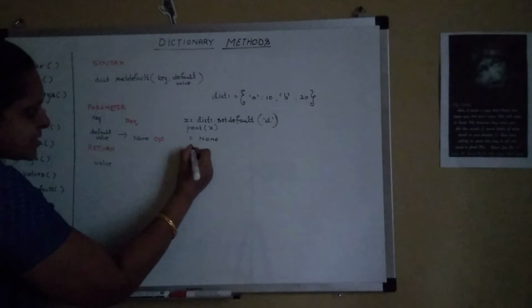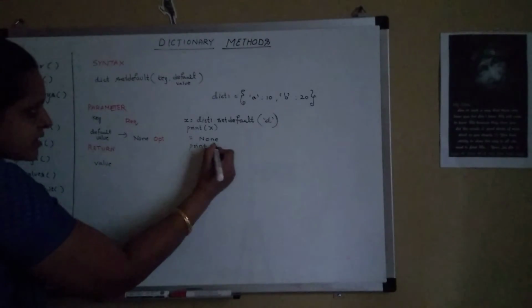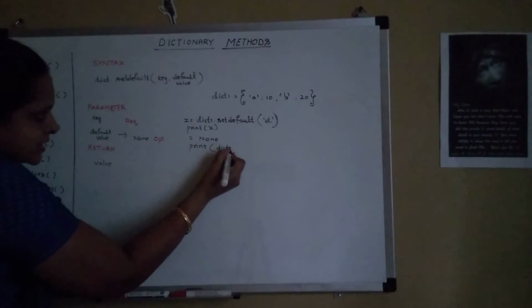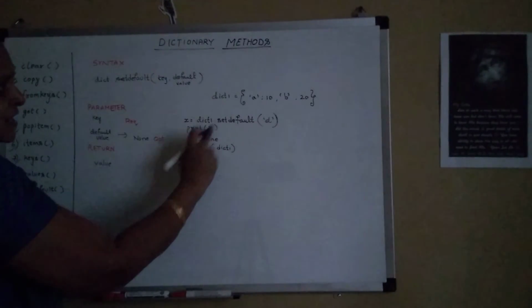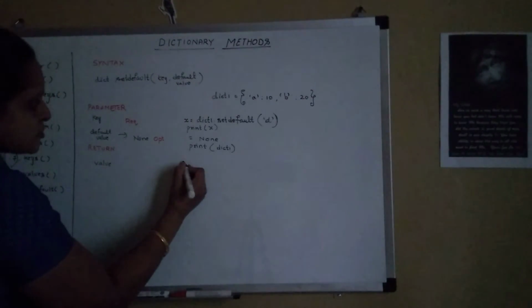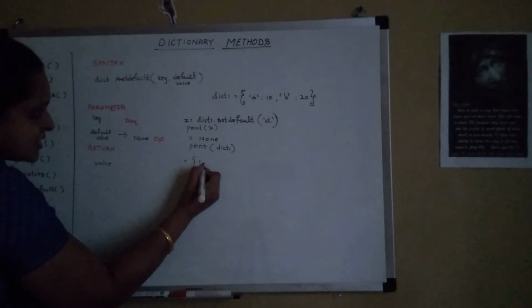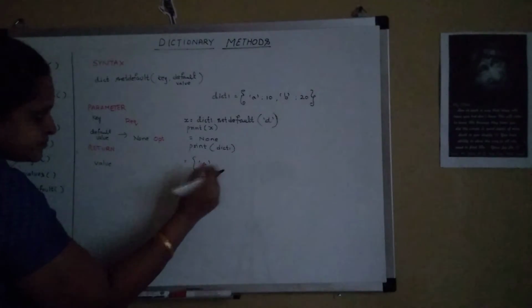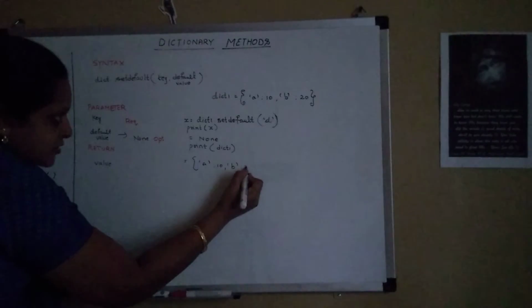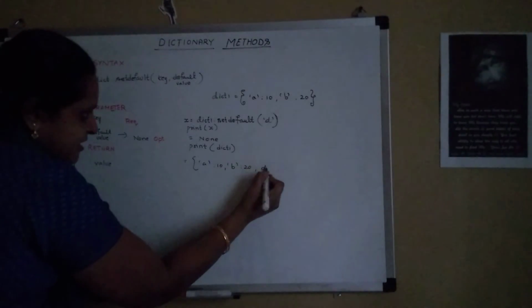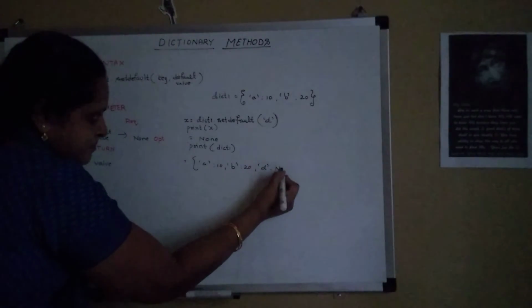So now if I print my dictionary, print dict1, it would have added D and the default value None into the dictionary. So my dictionary will now hold A: 10, B: 20, D: None.